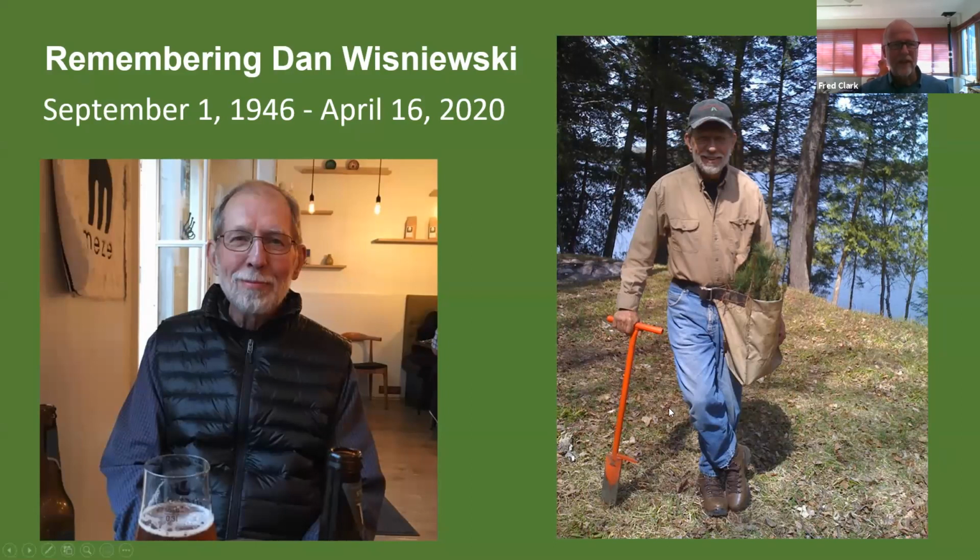And John will be talking about the results of some of that work today. Right now, we wanted to ask Bob Martini, who is a longtime friend of Dan's and one of Green Fire's founding members, to share a few words about Dan. Bob?